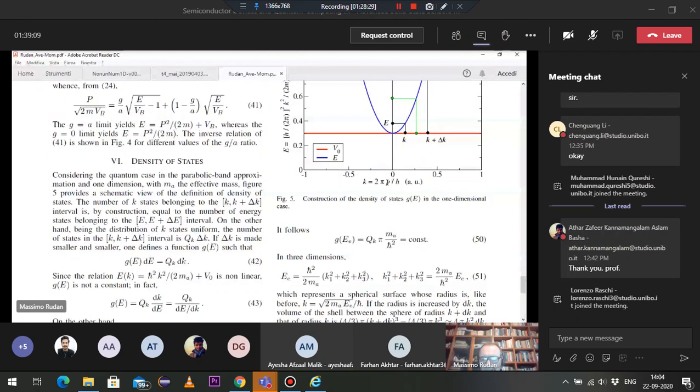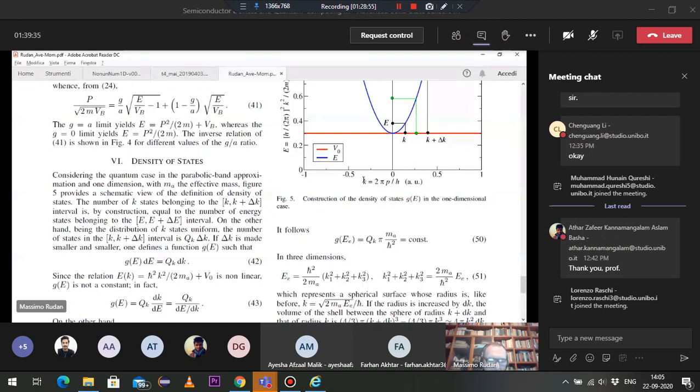Average momentum P multiplied by H, H is the Planck constant, divided by 2 pi gives you K. Okay. The Planck constant divided by 2 pi takes a name. It is called the reduced Planck constant.